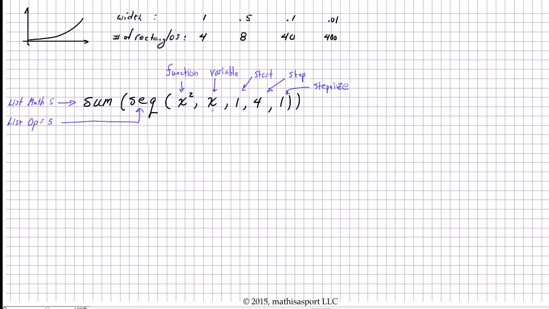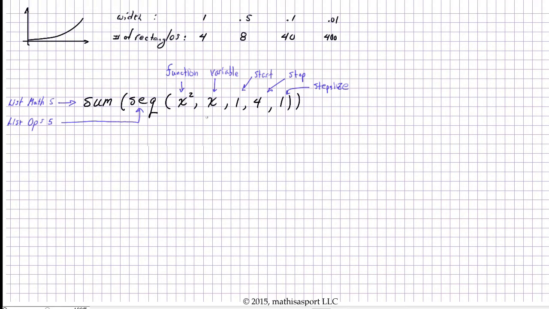Then what will be the variable? This is almost always going to be x, whereas the function, of course, is anything that you're interested in sampling, and in this case, finding the signed area of. Here we have the start value and the stop value, and how to move from the start to the stop value, namely in what size increments.